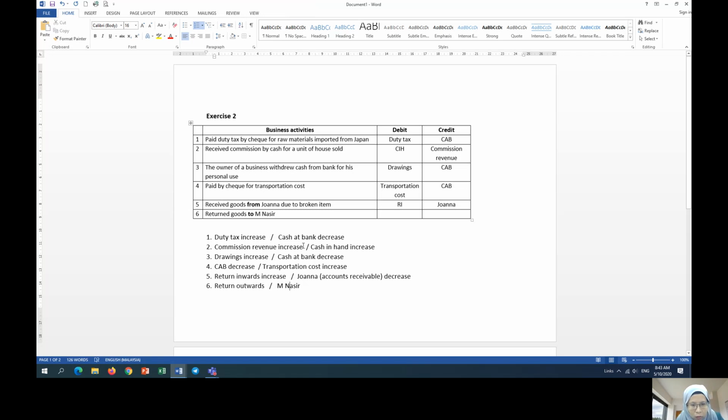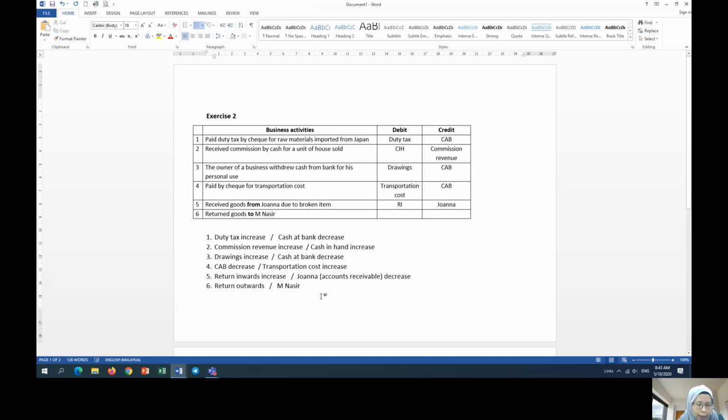Kalau tak ada nama, kita gunakan istilah supplier macam tadi, awak kena tulis supplier. So, the account that you open should be based on the given names used in the business activities. Alright. Okay, now we have return outwards.